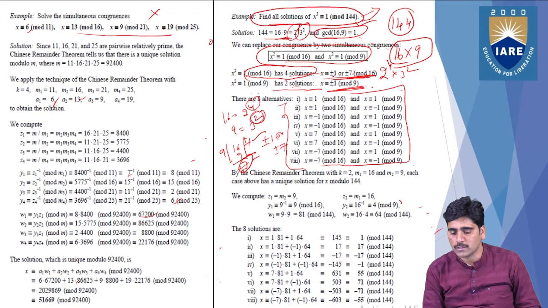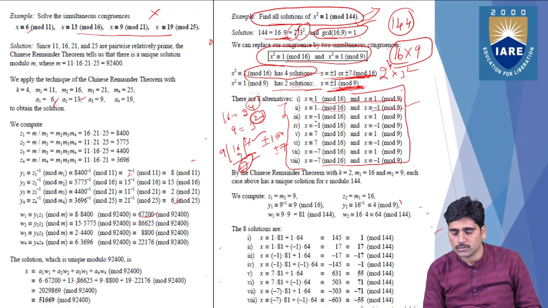Plus or minus indicates one time plus and one time minus, right? The first alternative is x equals 1 mod 16 and x equals 1 mod 9. For the second alternative, x equals 1 mod 16 and x equals minus 1 mod 9. Is that clear?